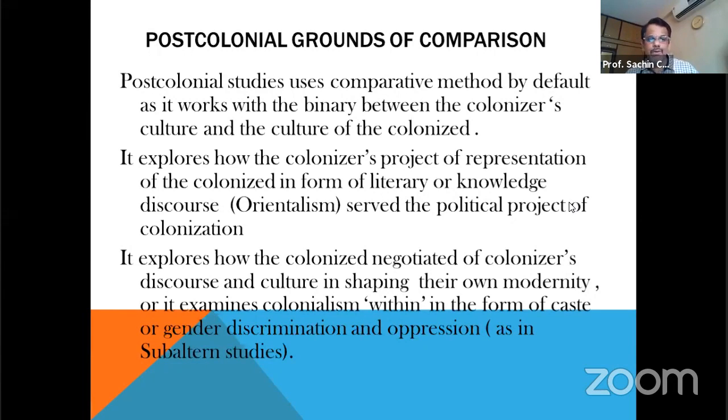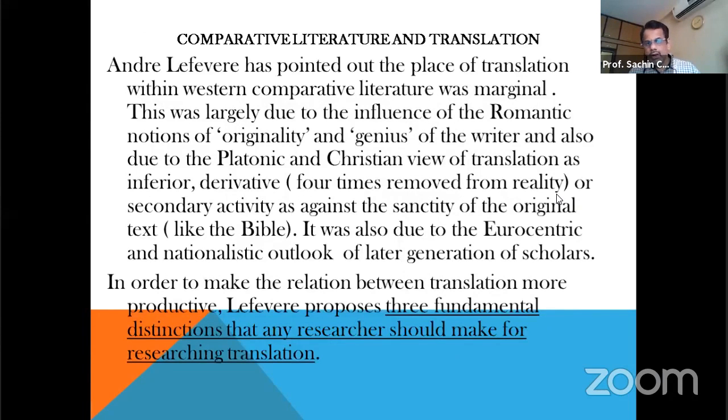There is another way of doing it, where you look at how colonized cultures like Gujarati, Bengali, Tamil, Hindi negotiated the colonizers' discourse and culture in shaping their own modernity, and examine colonialism and the forms of colonialisms within the colonized, in the form of caste or gender discrimination and oppression. And this is what you very often find in the subaltern studies school. So these are several important grounds of comparison that we use.